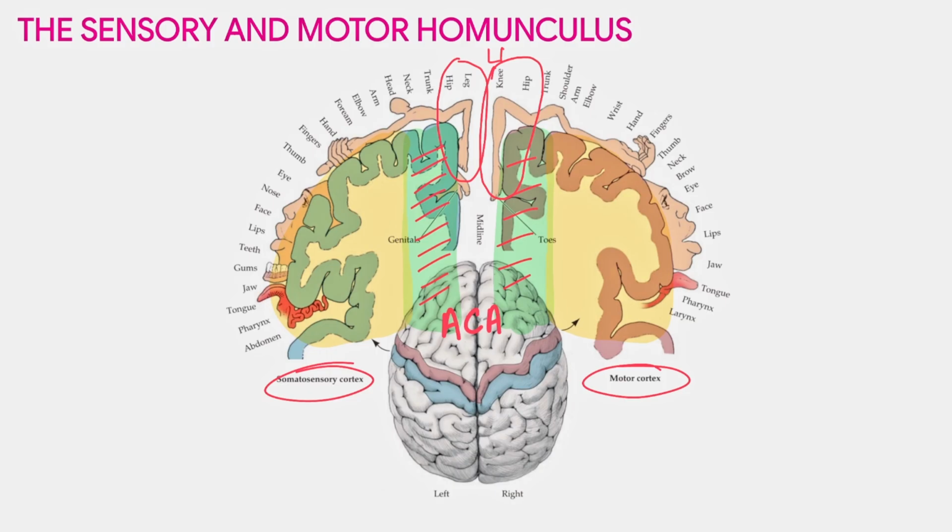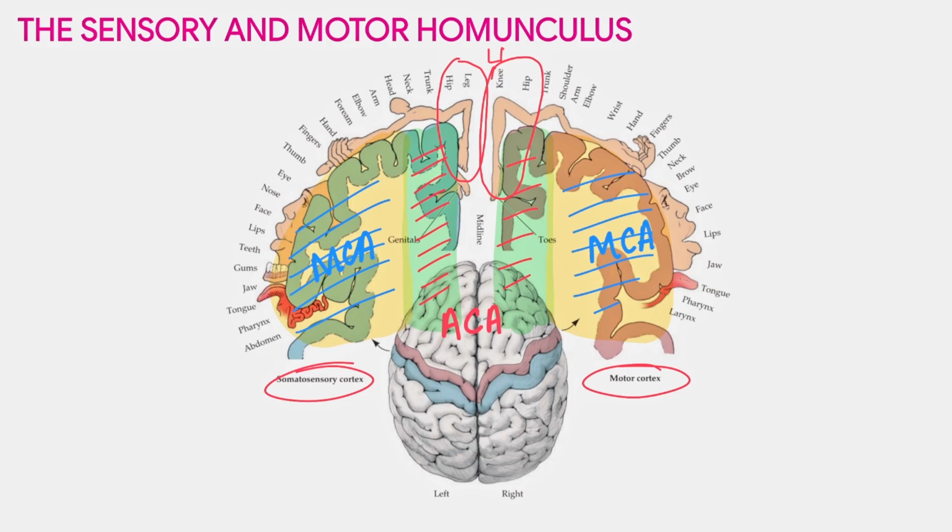And obviously, from basic neuroanatomy, we know that the fibers always cross over. So if there's a right ACA defect, you'll have a contralateral lesion on the left side. Now, coming to this area, the lateral surface, we know the lateral surface is supplied by the MCA, the middle cerebral artery.